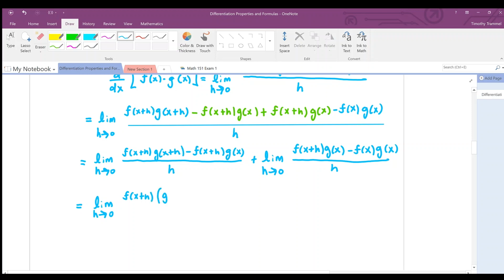And that gives us f of x plus h times g of x plus h minus g of x, and then this is all over h. And then we have plus the limit as h goes to 0. And up here, I'm going to factor out a g of x. And in parentheses here, we're going to have f of x plus h minus f of x, and then this is all over h.